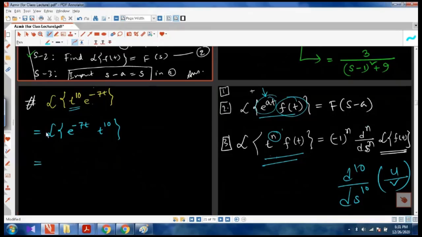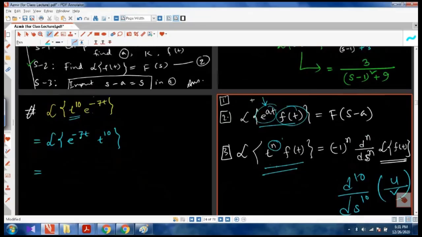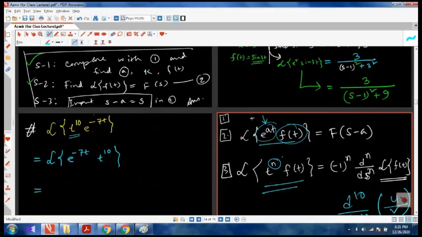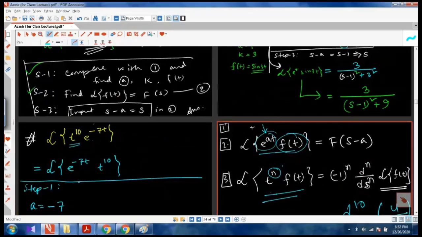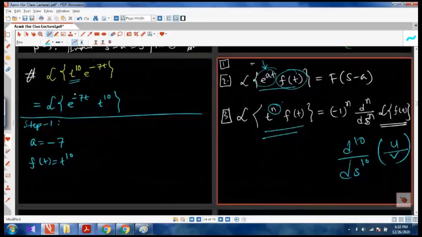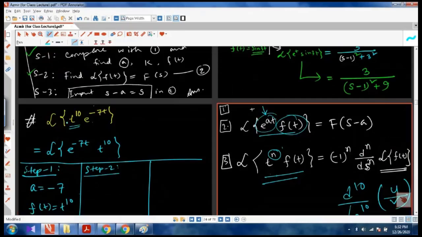Step 1 is comparing and finding a and f of t. Here a is minus 7, and f of t is t power 10. Step 2 is to find the Laplace transformation of f of t.